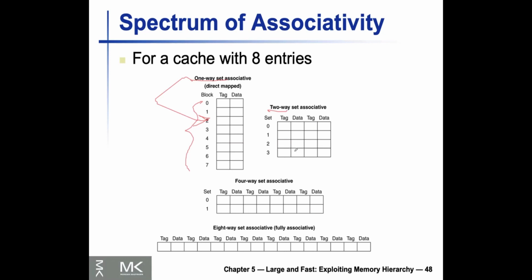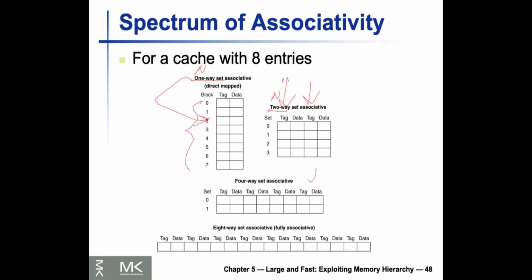Then you go one step further, and the higher you go with the n-way, this number n, the number of sets needs to be reduced because you now have multiple options. Now you have 4-way set associative. Here you had 2 comparators, one here, one here.